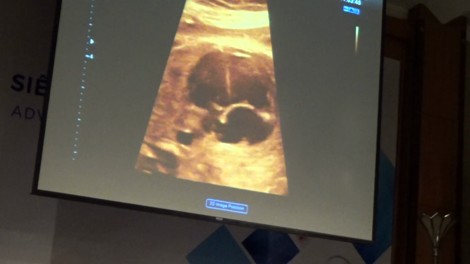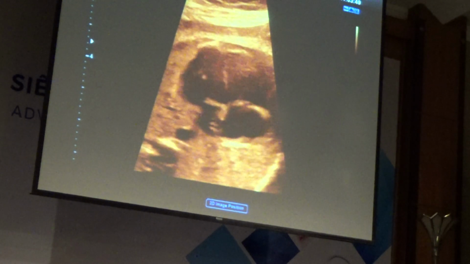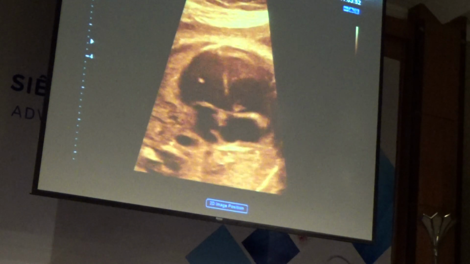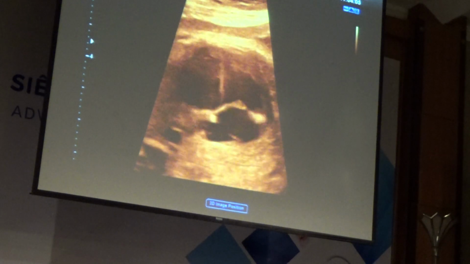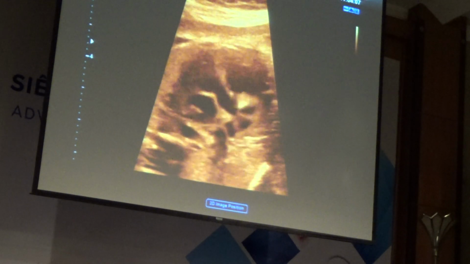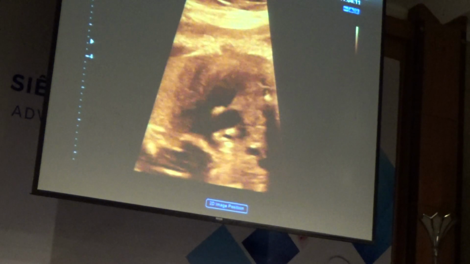So these are all the important things to see from this angle. But notice this. This can look like a big ventricular septal defect because we're not perpendicular. And likewise, you might miss override from this angle.